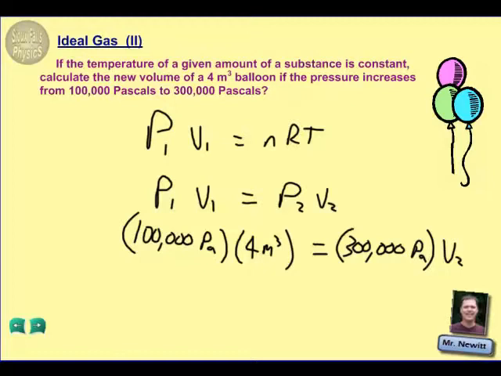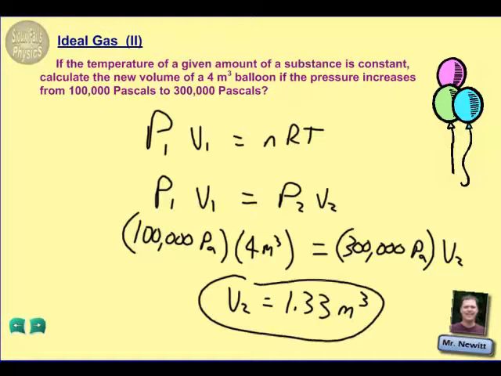So solving for the new volume, we get a new volume of 1.33 cubic meters, which, if we stop and think about it, if the pressure on the balloon increases, we would expect that the volume of that balloon should go down as a result of that.